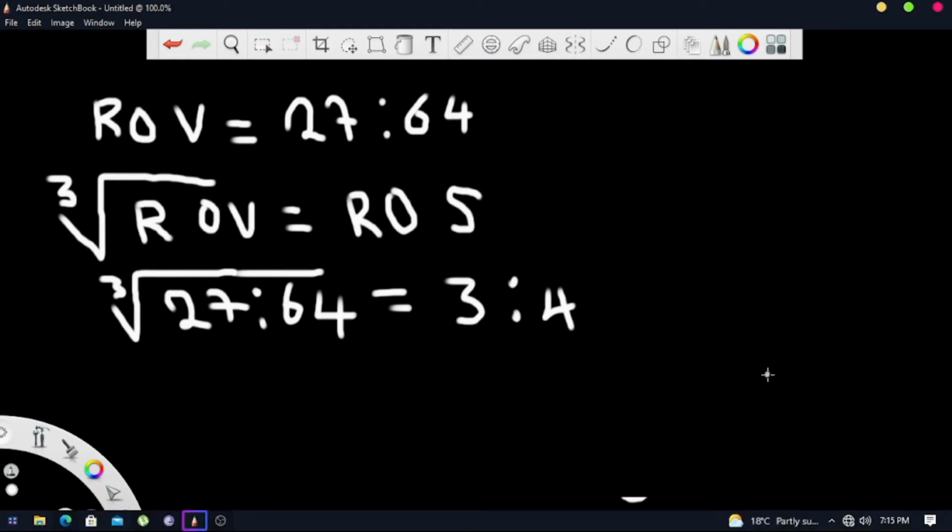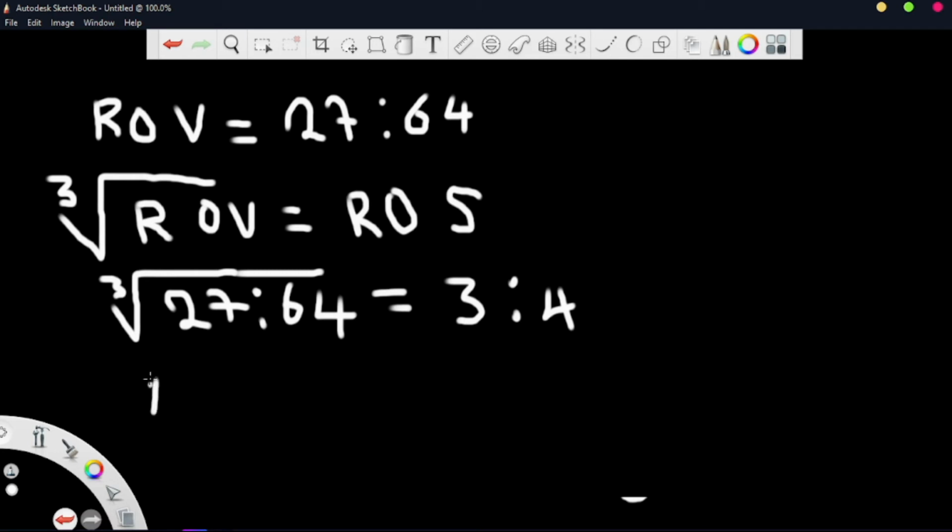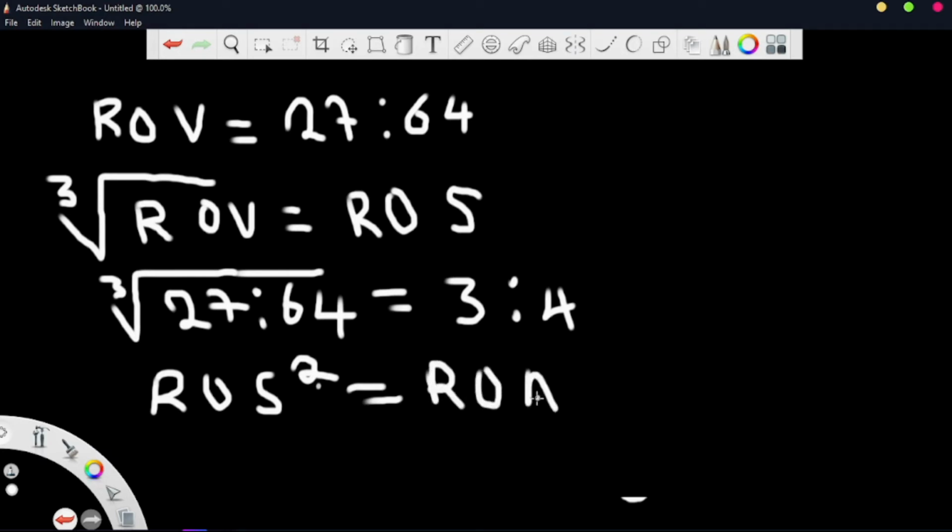Now that I've gotten my ratio of sides, they want me to find the area, so your ratio of sides squared is equal to the ratio of areas. My ratio of sides is 3 to 4, so I'm just going to say 3 to 4 in brackets, squared.